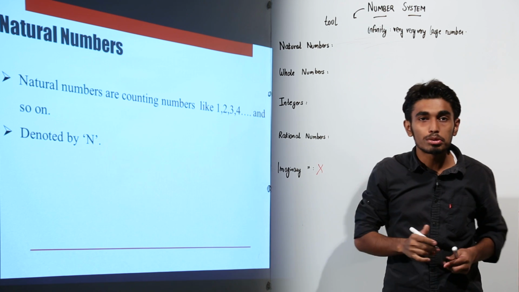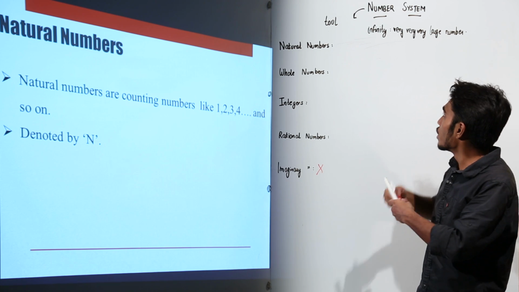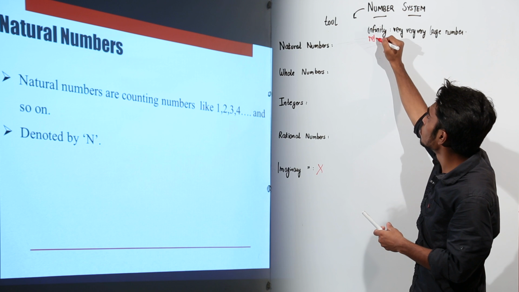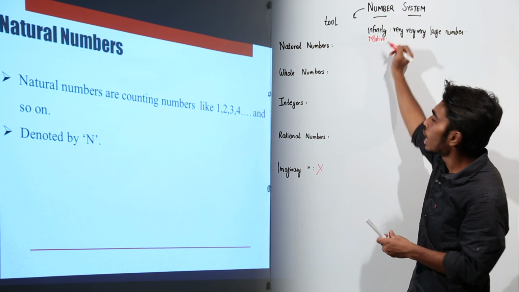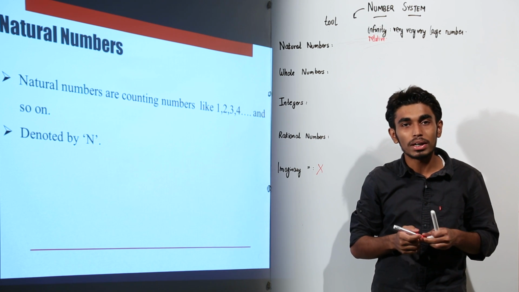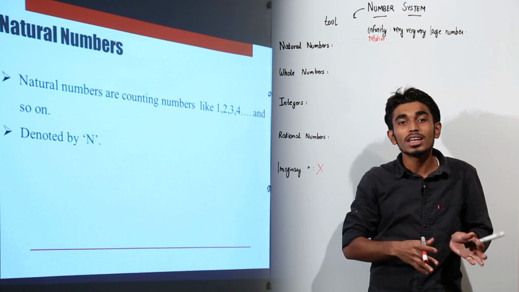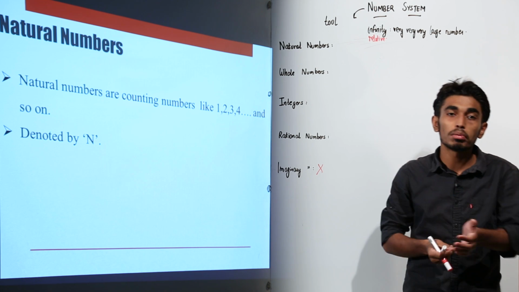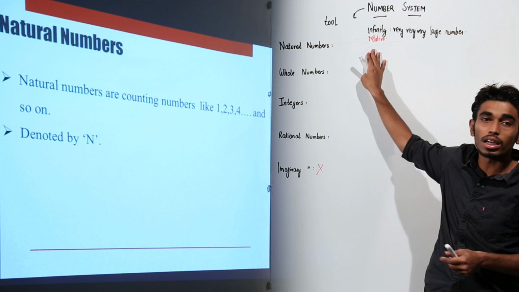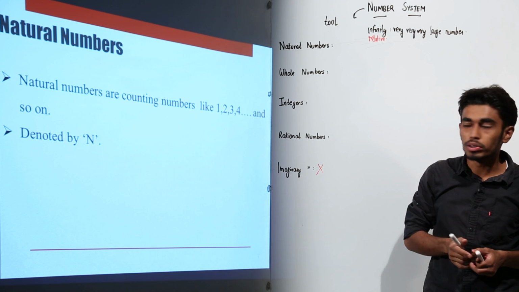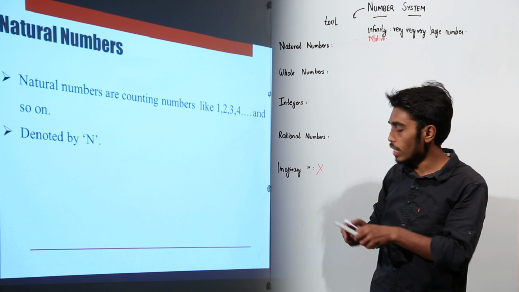And it is not an absolute term but it is a relative term. I can't say that infinity is a number, but I can say that some number is infinite times larger than some other number. That is why we call this a relative term and not an absolute term, right? So we were talking about natural numbers.